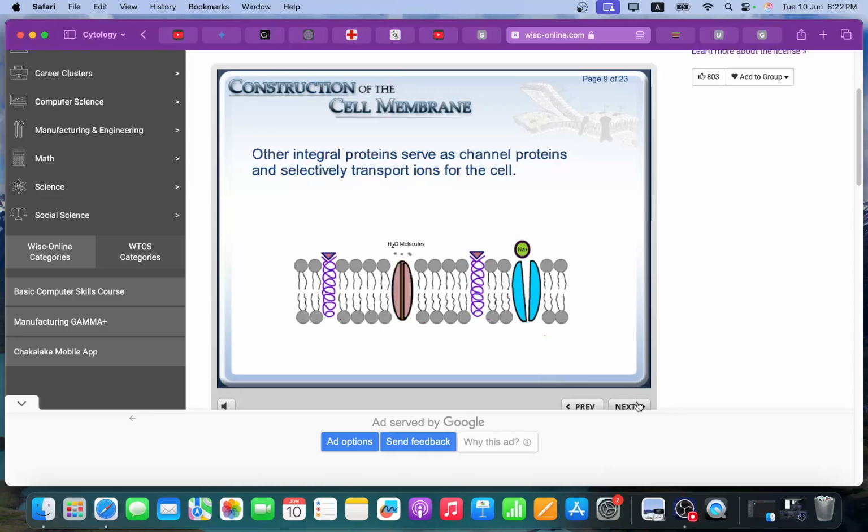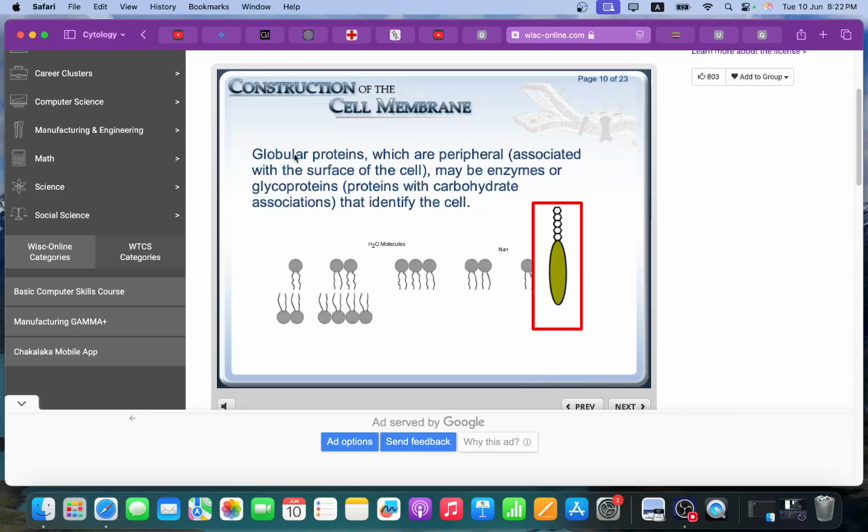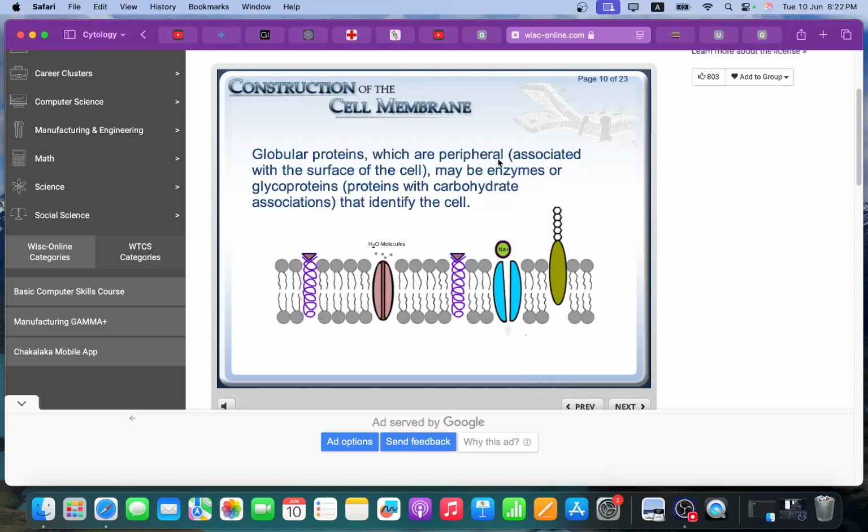Okay, they're doing it. Globular proteins, which are peripheral, associated with the surface of the cell, may be enzymes, or glycoproteins, proteins with carbohydrate associations that identify the cell. Okay, so glycoproteins help identify, and integral proteins let molecules pass through.